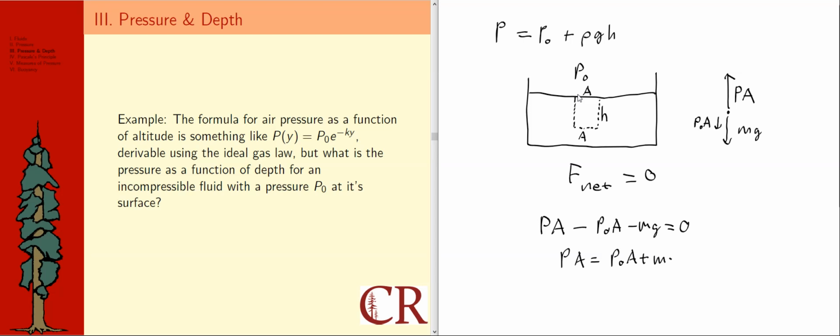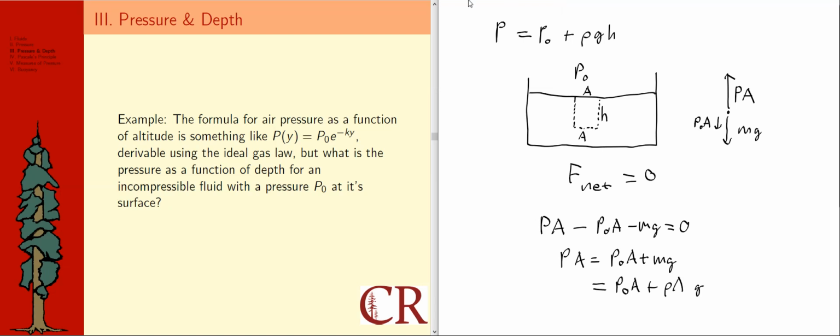plus mg. The way I'm going to analyze this further is to say the mass of this fluid column is going to be density times volume, and then the g will still be there. But volume is really, in this case, let me erase that so I don't have to write the whole next line. The volume of this column is really cross-sectional area times height.